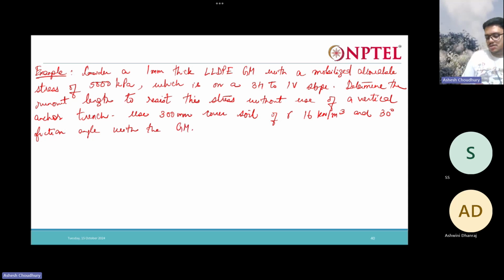So this is the question. We need to find out the run out length without the use of an anchor trench. First we have T allowable, the allowable tensile strength in the geomembrane, which is sigma allowable stress times the thickness, 5000 times 0.001.